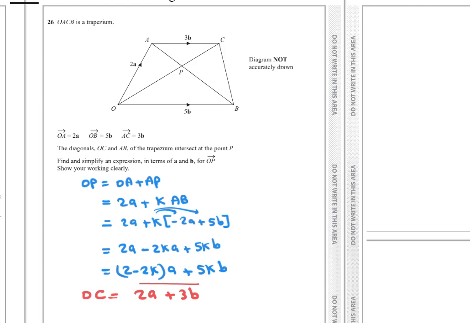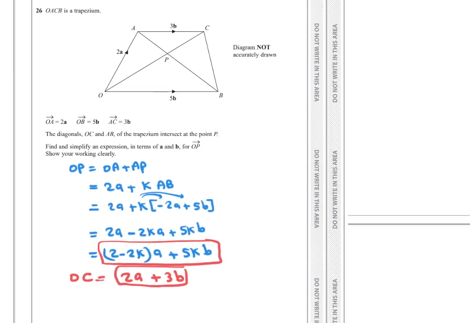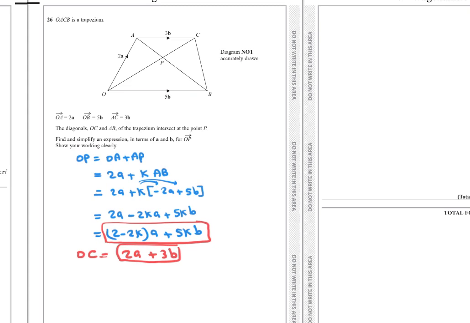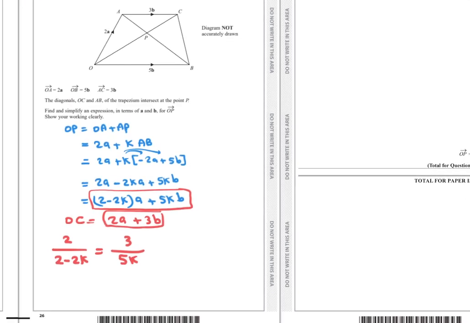OC is 2a plus 3b. OP is (2 minus 2k) times a plus 5kb. Now we can use the ratio because they are parallel. So divide the coefficient of a by the coefficient of a: 2 over (2 minus 2k) equals the coefficient of b divided by the coefficient of b, 3 over 5k. Now cross multiply to find k.